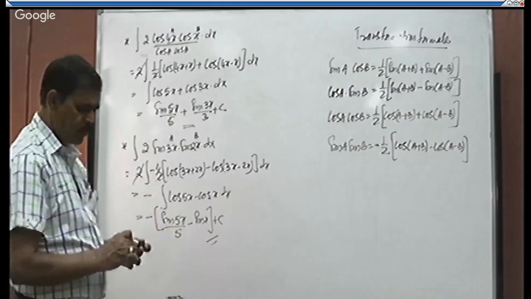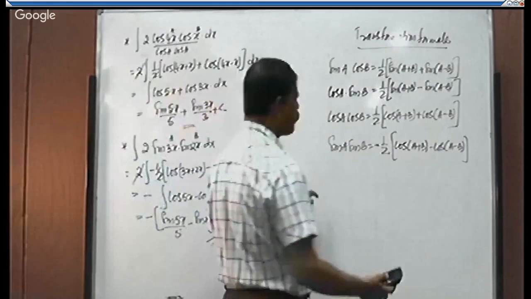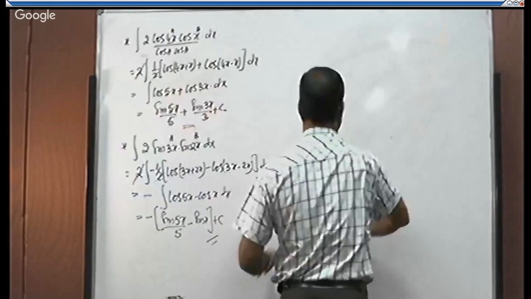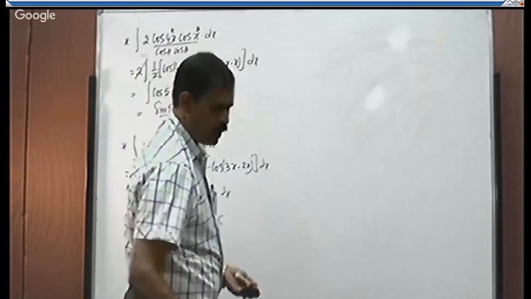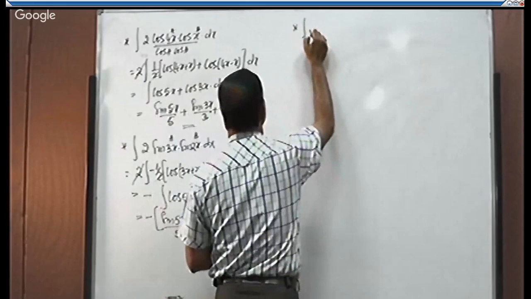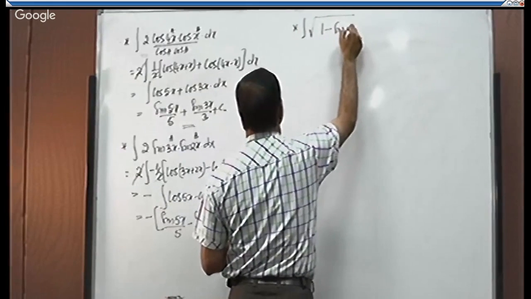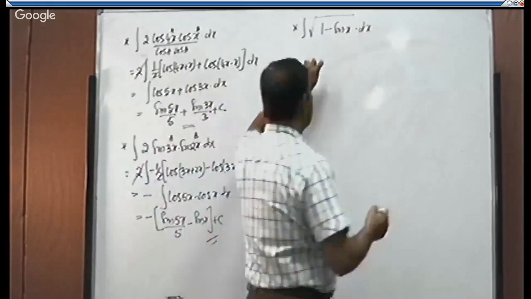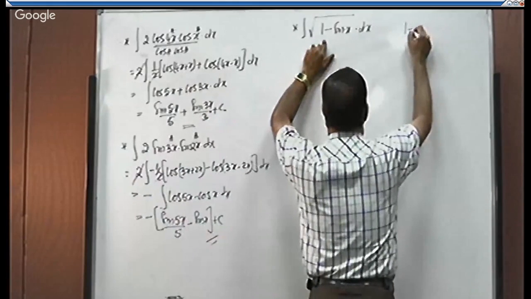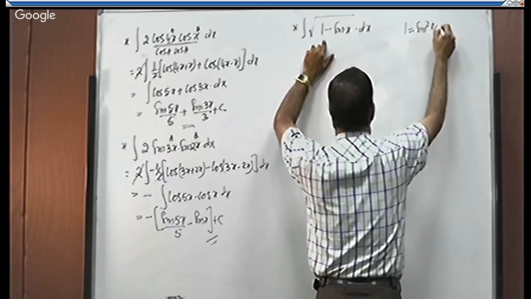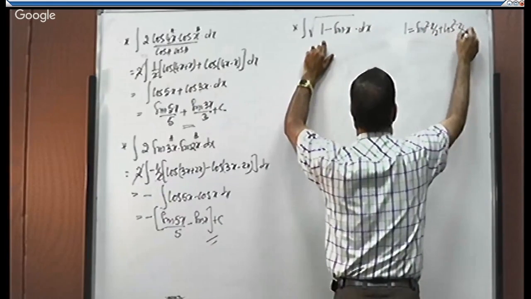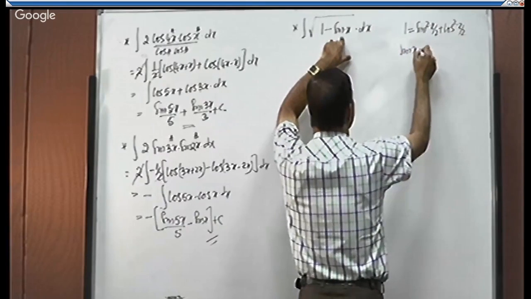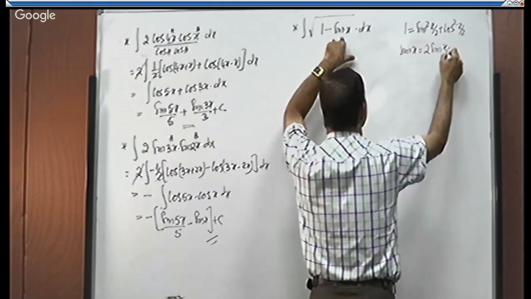So these are some of the problems related to transformation formulae. Sometimes the problem is of this form: root of 1 minus sin x dx. So 1 can be taken as sin square x by 2 plus cos square x by 2. Why am I taking the x by 2 form? Because sin x can be taken as 2 sin x by 2 cos x by 2.